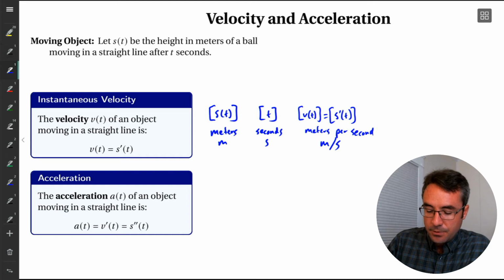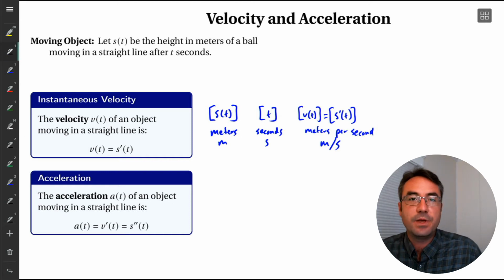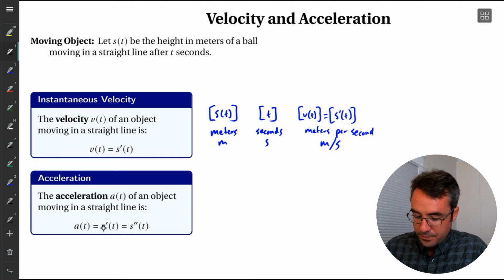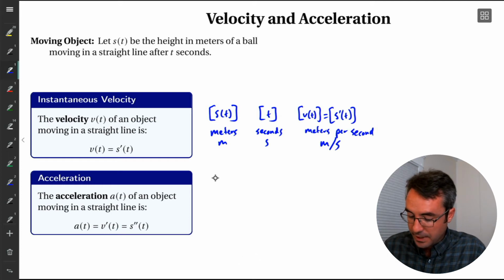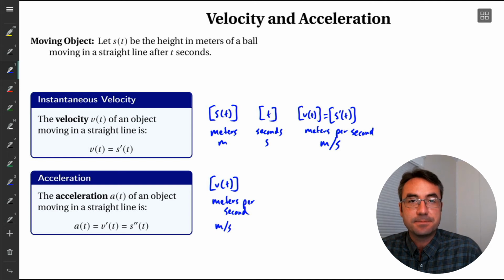And what would be the units for acceleration based on the information we know here? We start with the units for velocity, in this case meters per second, which we're also abbreviating like that.